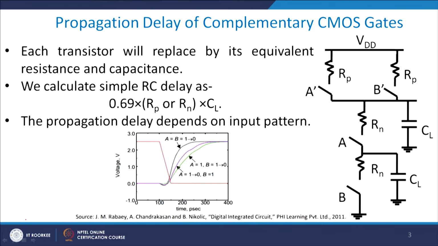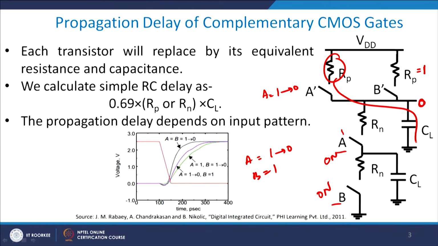Now, let me come to the case when A goes from 1 to 0 and B was equal to 1. When both A and B were 1, both were on in this case, and the output was equal to 0. Now, what is happening is that B is still 1, but A has gone from 1 to 0, which means that this is switched on, which means that I have a single path available to me.